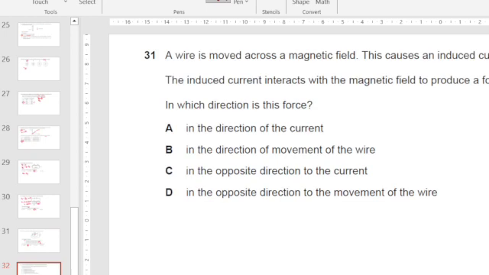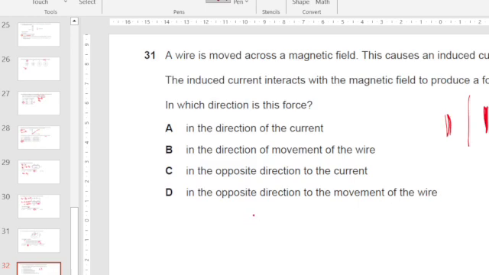The 31st question: a wire is moved across a magnetic field. When there is a relative motion between the magnet and a conductor, EMF will be induced. This causes an induced current in the wire. The induced current interacts with the magnetic field to produce a force on the wire. In which direction is the force? Will it be in the same direction or in the opposite direction?